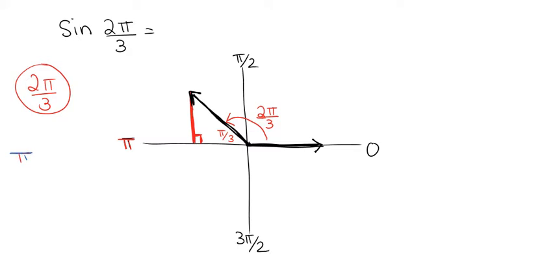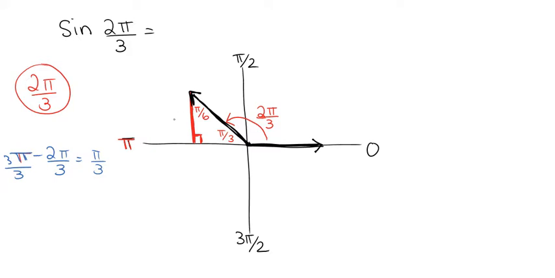So I would take pi, and then I would subtract my 2 pi over 3 to figure out what my related angle is. So I'll just make them have the same denominator. 3 pi minus 2 pi is pi, over 3. So I know my related angle is pi over 3. So then now I know this angle up here is pi over 6, and I just have to add in the side lengths of my special triangle.